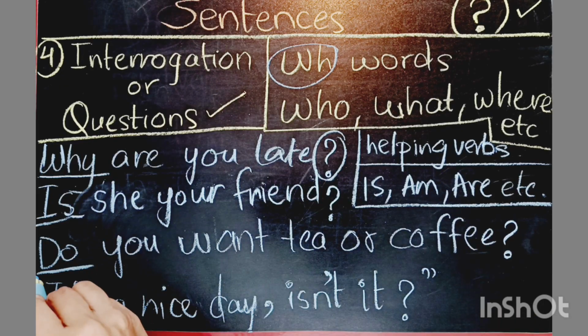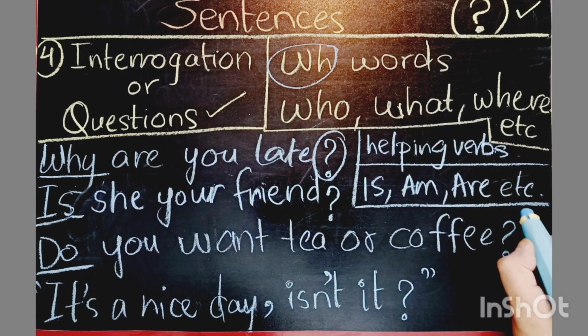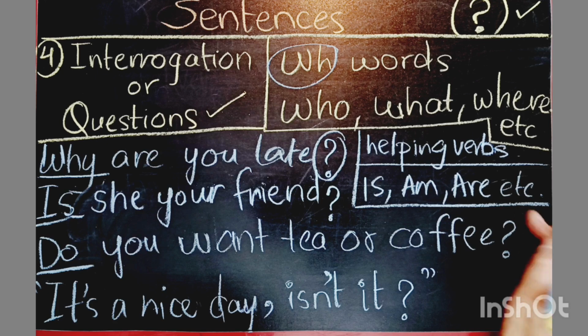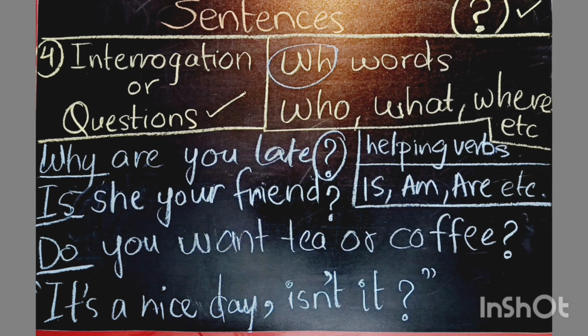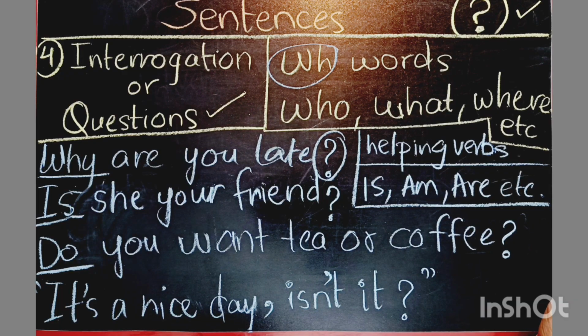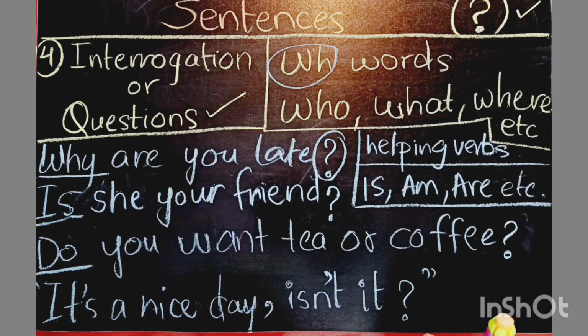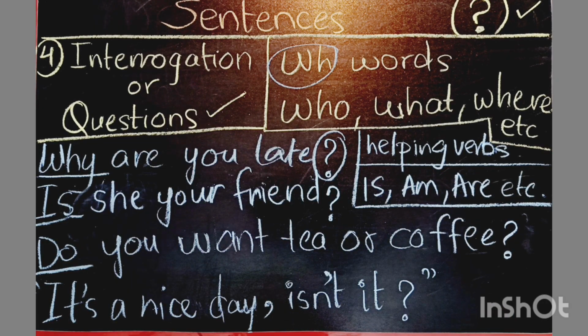So these type of sentences are called as tag questions. Tag questions, and it consists of a statement followed by a mini question, isn't it? So it is used to seek agreement or confirmation from the listener.